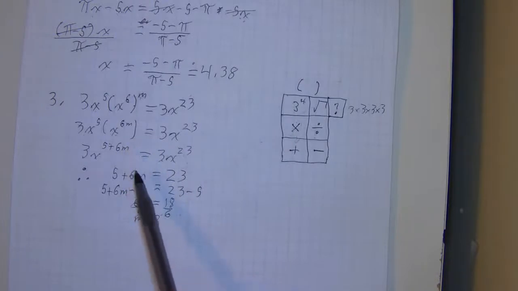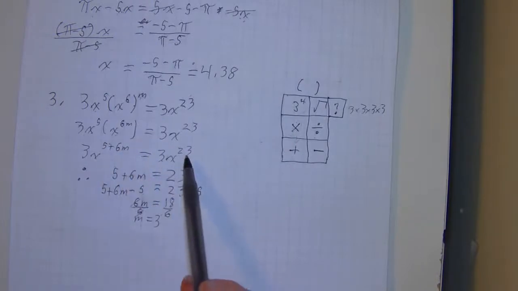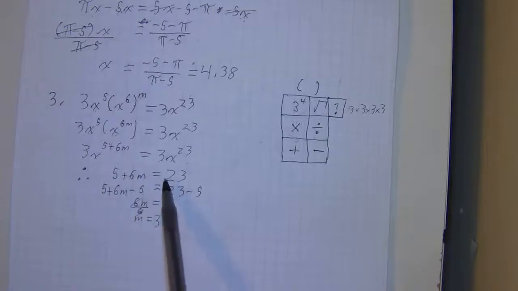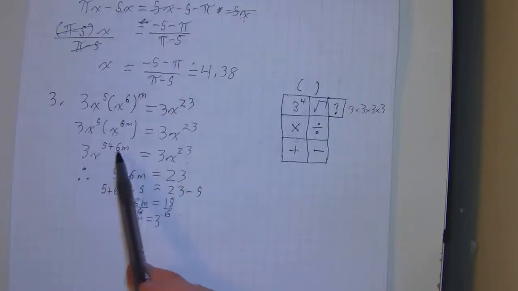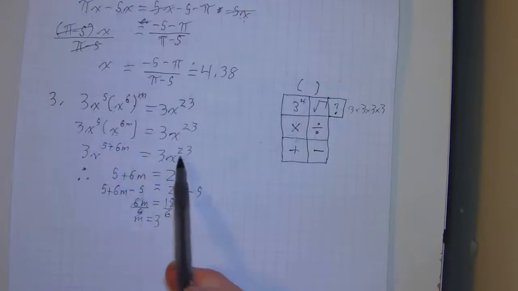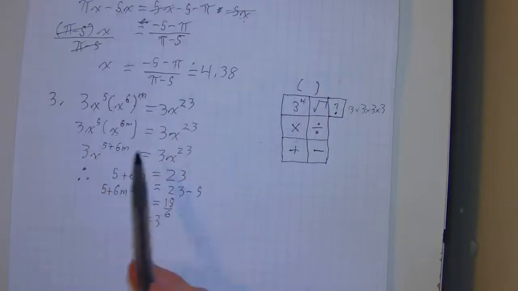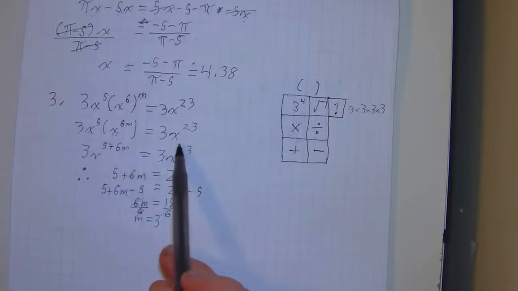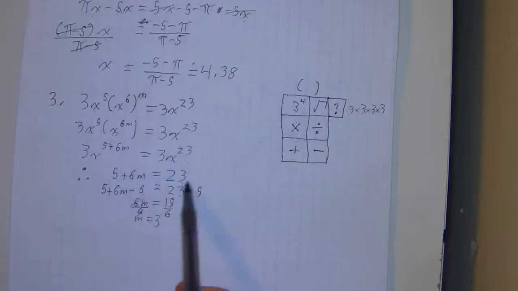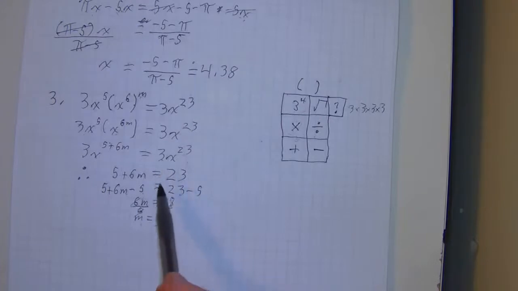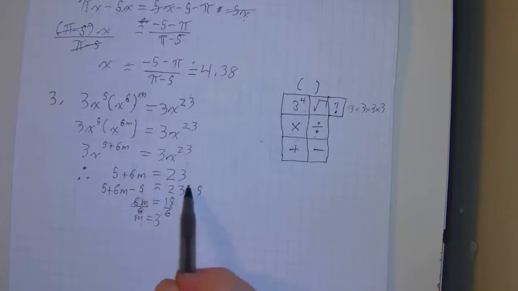And if 5 plus 6m needs to be 23, well, that means 5 plus 6m equals 23. So it's not really a canceling as much as a recognizing that the only part of these two that's not the same yet is the 5 plus 6m and the 23. So I can just work on that part separately and calculate it down and figure out what m has to be to make 5 plus 6m into 23. So hopefully that makes sense.